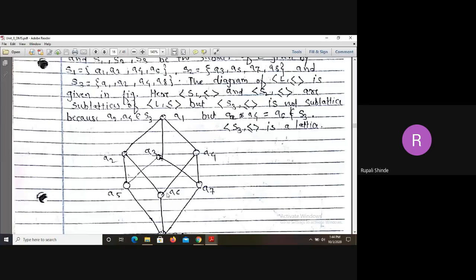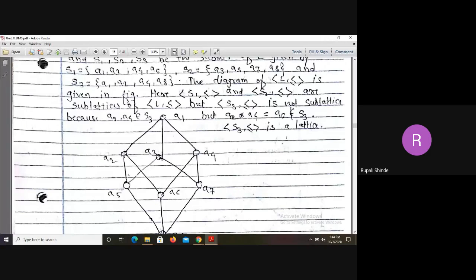Now apply greatest lower bound and least upper bound on any two elements of this set S1. Consider the pair of elements A1, A2. If you take these two elements, the greatest lower bound for this pair is A2 and the least upper bound is A1. Now consider the pair of elements A2, A4.